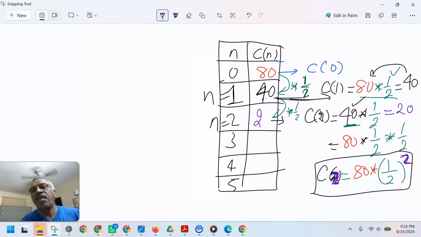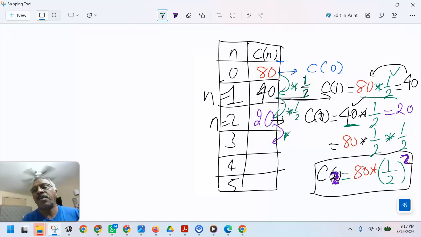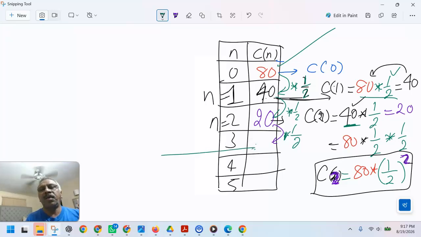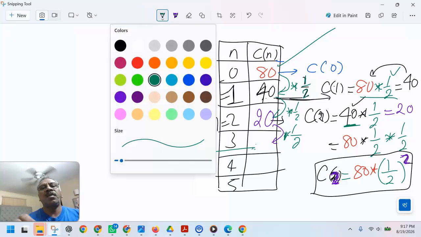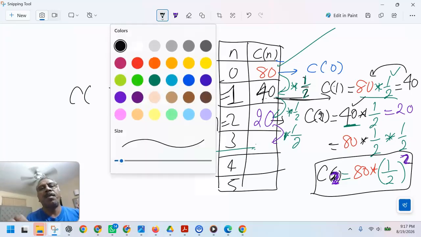So that 20 will be here. Now again you multiply by half because you're going to cut it one more time. So you end up getting multiplied by half. Okay? So from 80, to find this piece, now I want to write down C of 3, which is a purple color 3.